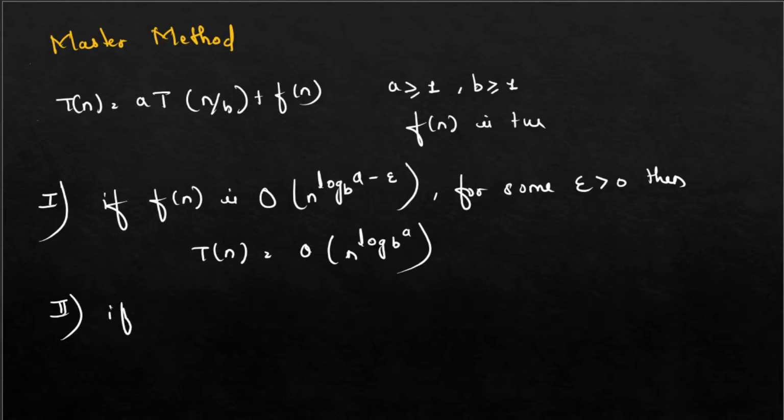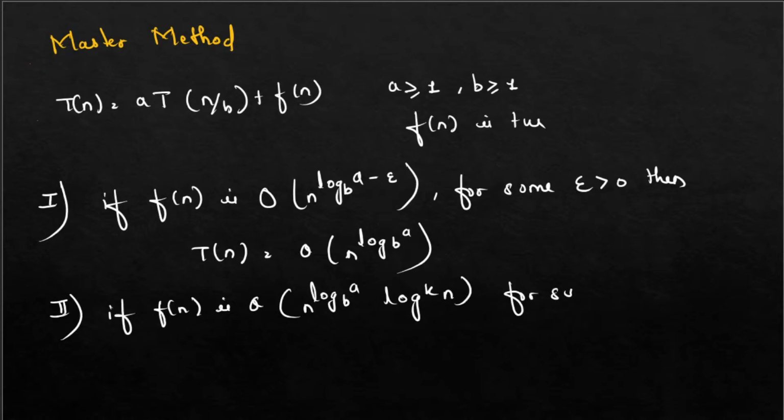So if f(n) is theta of n^(log_b a) into log^k n for some k greater than or equal to 0, then what we have to apply?